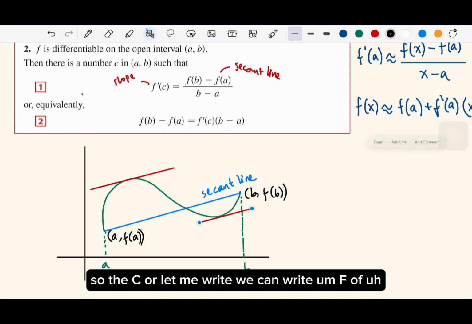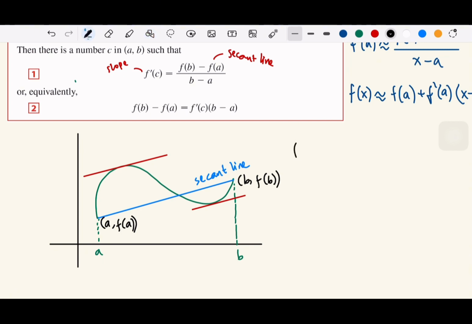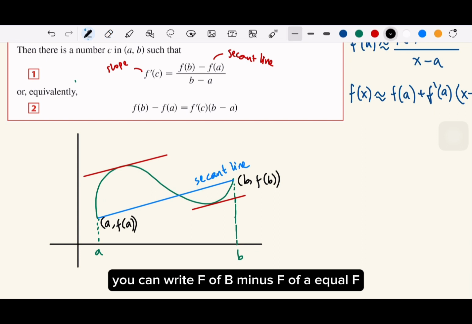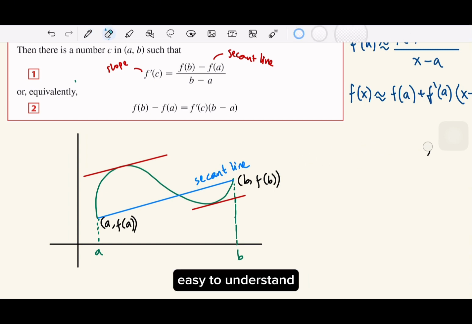So the C, we can write f of B minus f of A equals f prime of C times B minus A. Or maybe let me just write the original one, easier to understand.